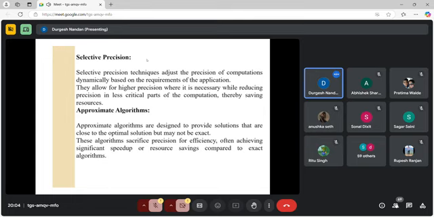Now there is another term: approximate algorithms. In that, we discuss a few selected approximate algorithms for multipliers and a few selected algorithms for adder circuits.